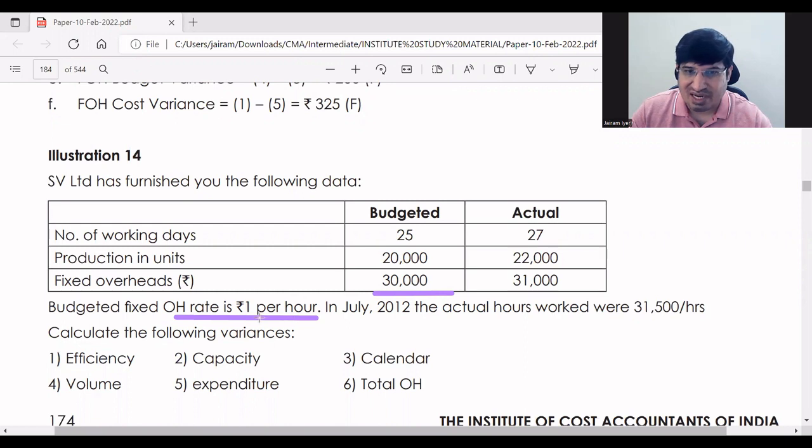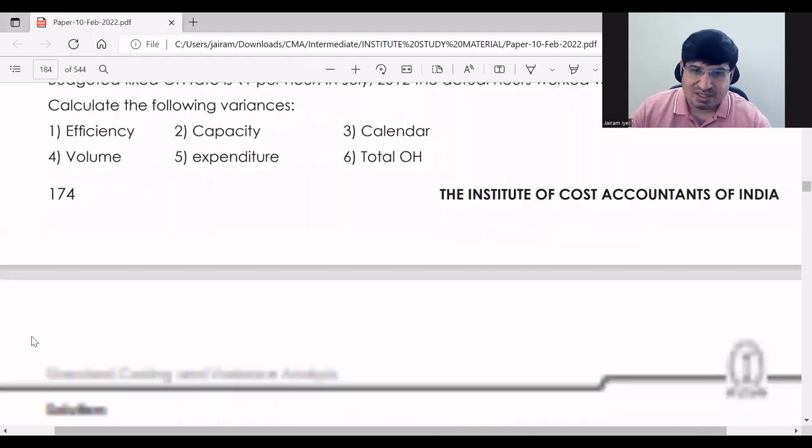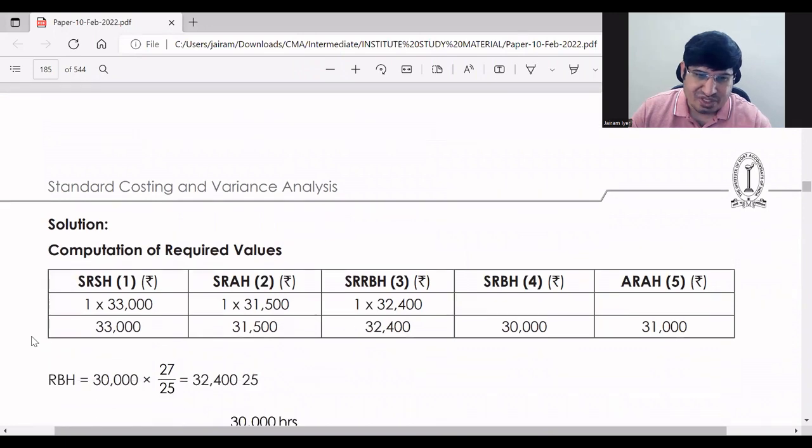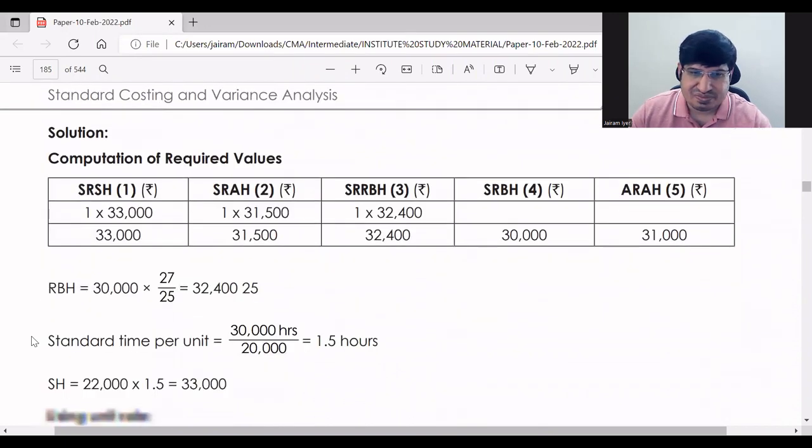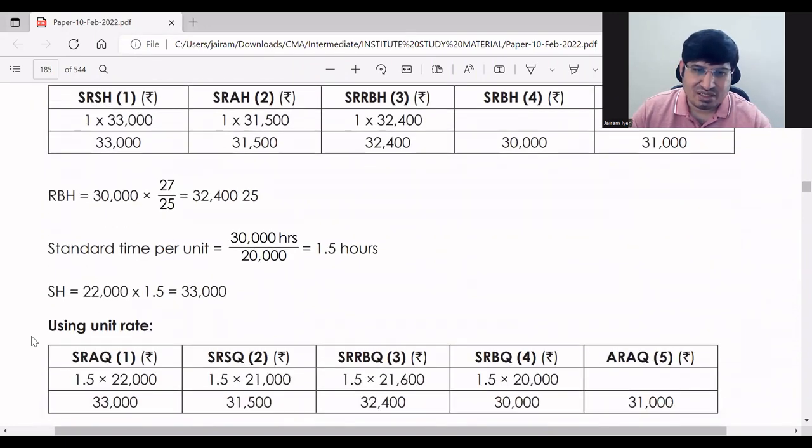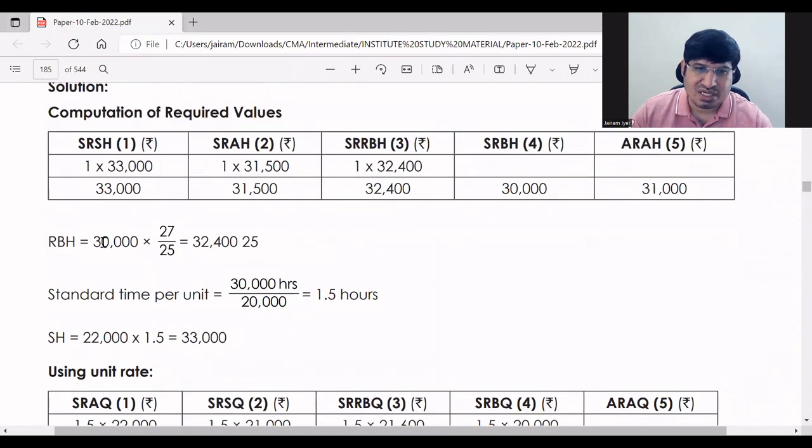So 30,000 rupees के लिए it will be 30,000 hours. Correct. So this is how we got 30,000 hours. ठीक है. So 30,000 hours भी यहाँ पे हमको निकालना पड़ा था actually. Again this 30,000 hours का computation यहाँ पे नहीं दिया गया आपको.